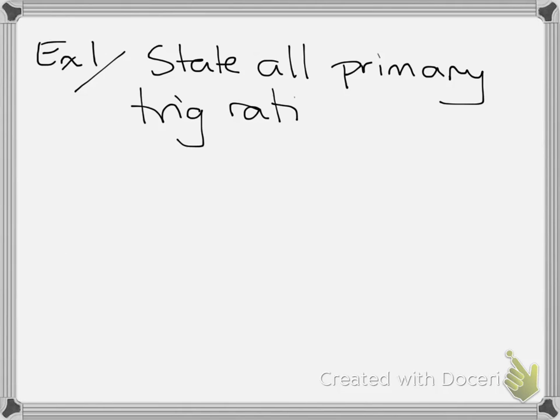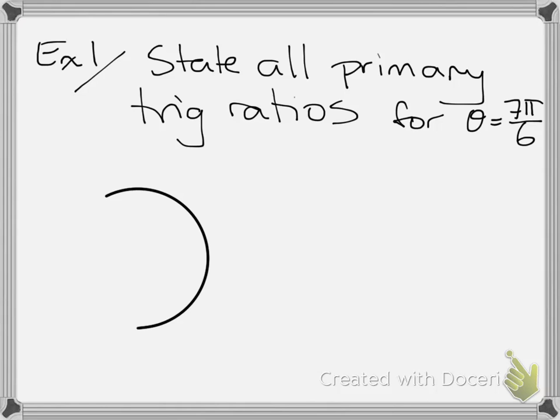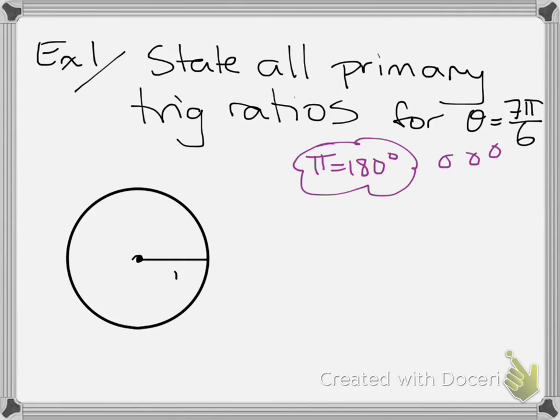Let's state all the primary trig ratios for the angle theta is 7 pi by 6. Okay, so 7 pi by 6. So there's my unit circle that I always want to start by drawing. And then we can think of pi by 6, 7 pi by 6. Remember that pi is 180. That's important. And we can also think of this as pi plus pi by 6.